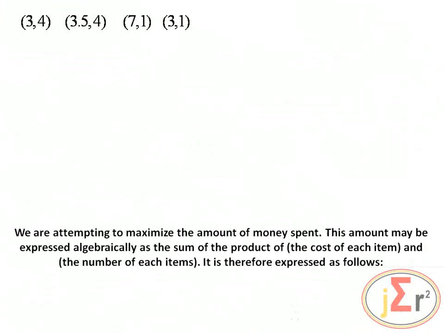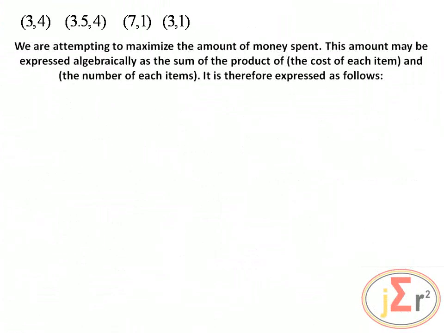So here we have them. We are attempting to maximize the amount of money spent. This amount may be expressed algebraically as the sum of the product of the cost of each item and the number of each item. It is therefore expressed as follows.